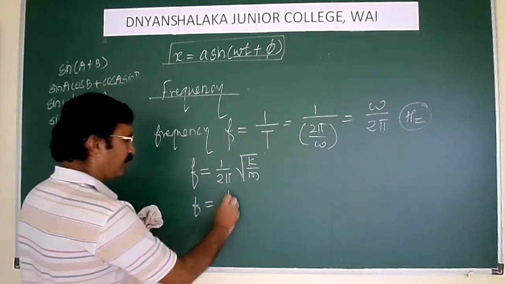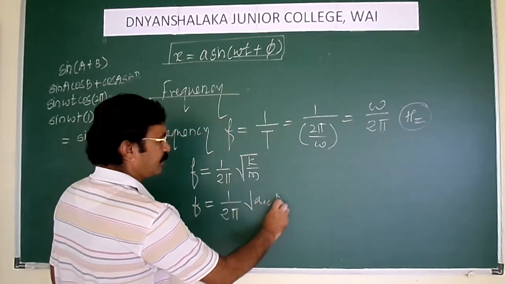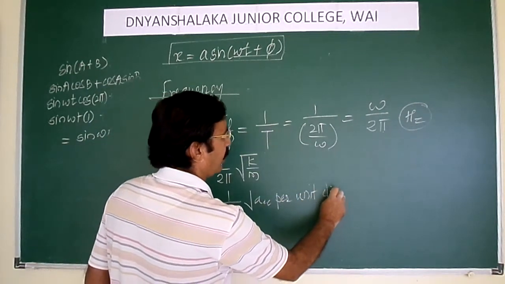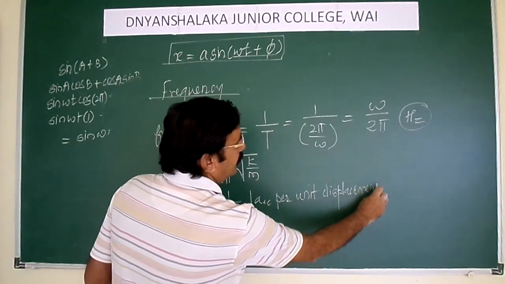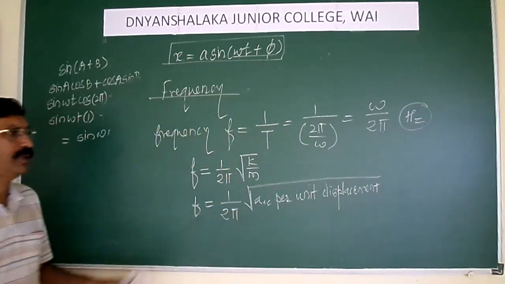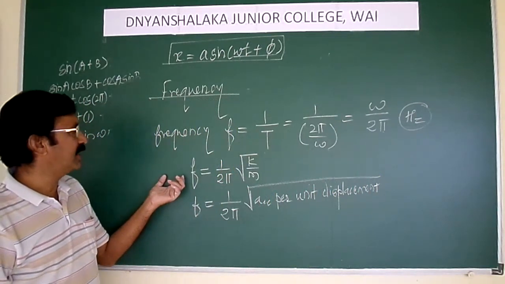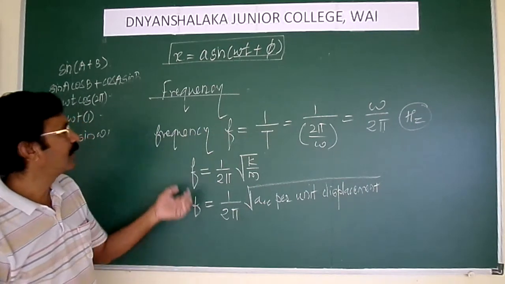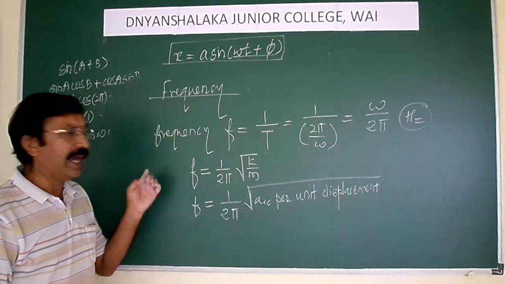So f can also be written as 1 upon 2 pi root of acceleration per unit displacement. So here we have seen the important relationships and important definitions: amplitude, period and frequency.